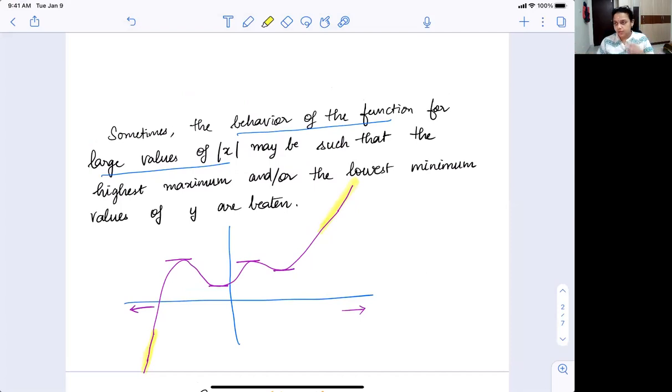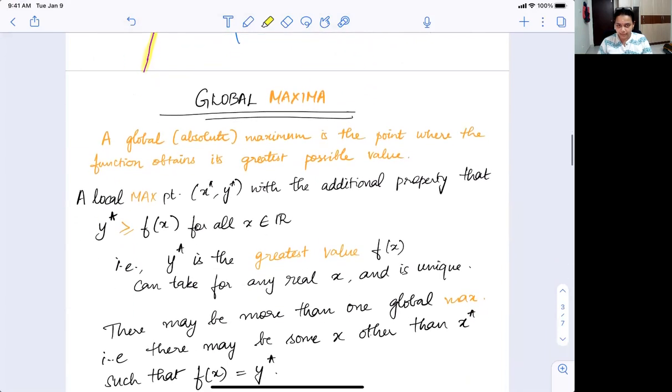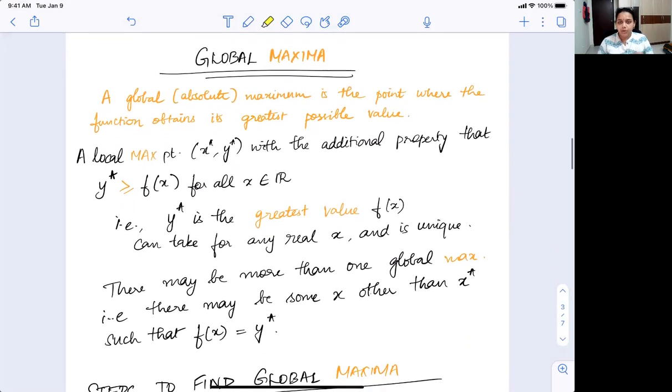So this brings us to the concepts of what we call absolute or global maxima and global minima. So a global or absolute maximum is the point where the function obtains its greatest possible value, which is what I've just been describing.